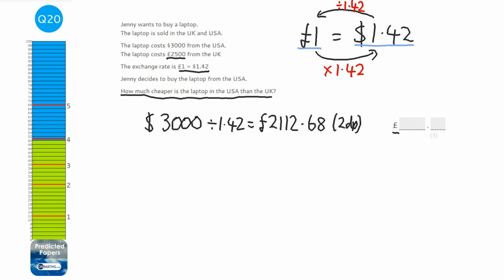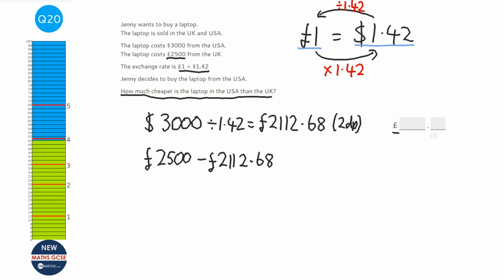So what we need to do now is £2,500, which is the price of the laptop in the UK, we're going to take away the £2,112.68, and on my calculator I'm just going to type in 2,500 take away answer, and then press equals, and it gives me the answer of 387.32. So it's £387.32 cheaper.